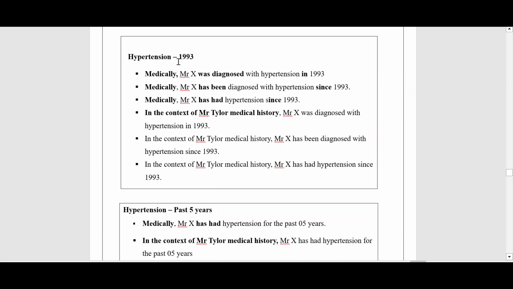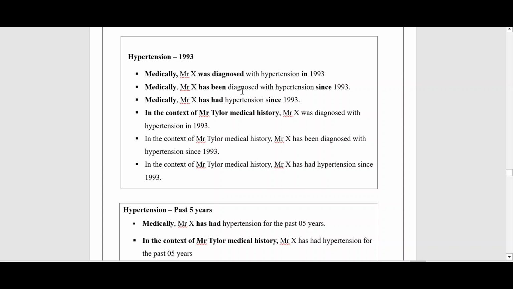So hypertension dash 1993 is written in the case note. You can choose any of the statements here. Medically, Mr. X was diagnosed, same as the above one, right, was diagnosed with hypertension in 1993, or has been diagnosed, still present.